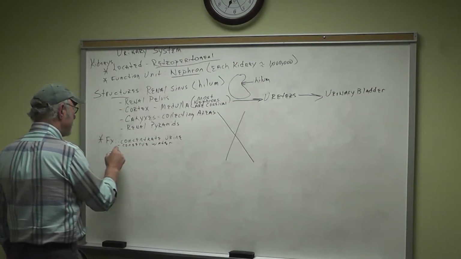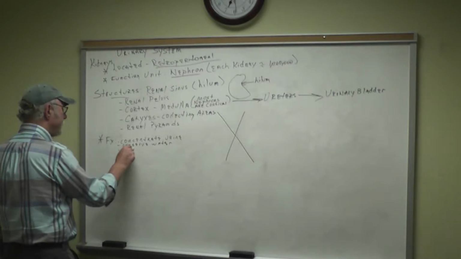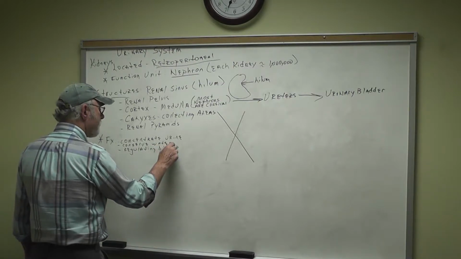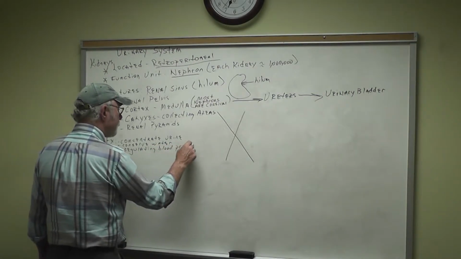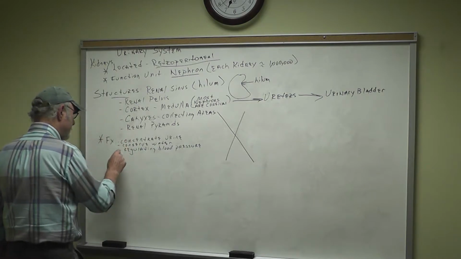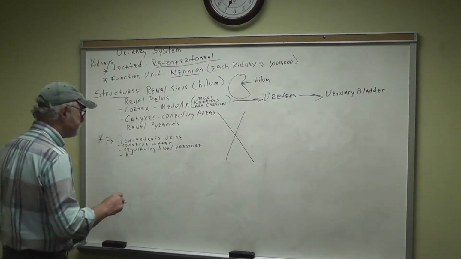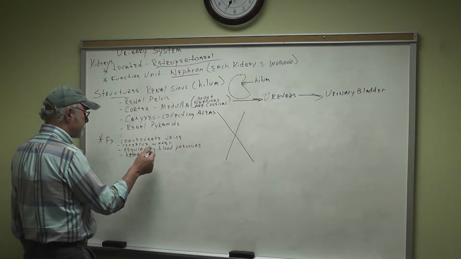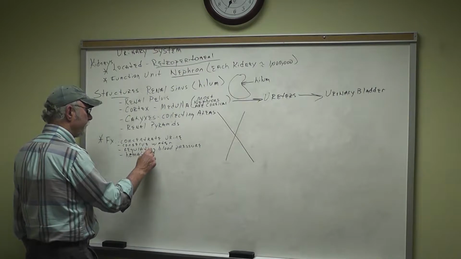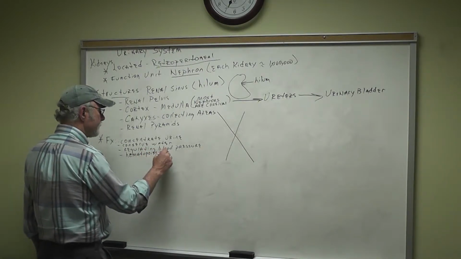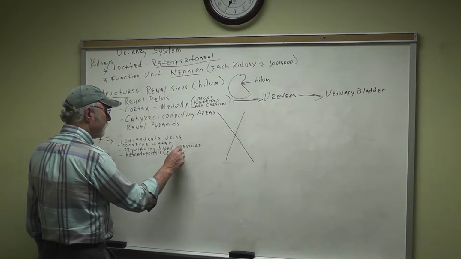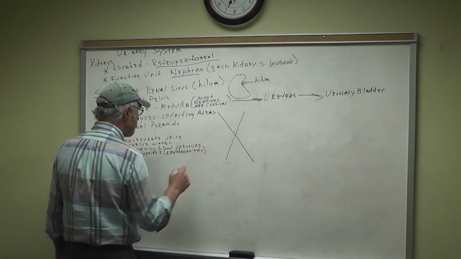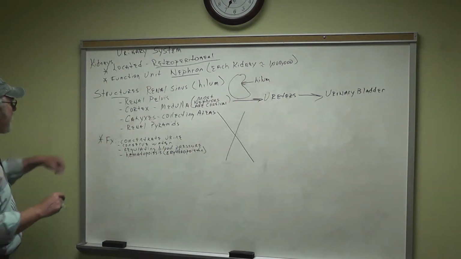They also aid in regulating blood pressure. And they also secrete a hormone that is involved in hematopoiesis, that's red blood cell formation. That particular hormone is erythropoietin, P-O-I-E-T-I-N. Okay, so these are some of the primary functions of the kidneys.